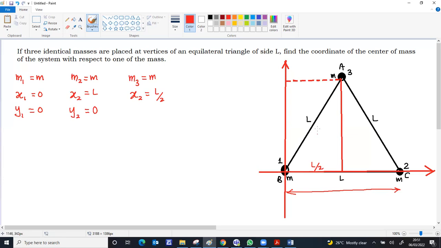For finding the y coordinate of particle 3, it's the distance from the x-axis. Y coordinate is the distance from the x-axis. So this will be the y coordinate for particle 3.